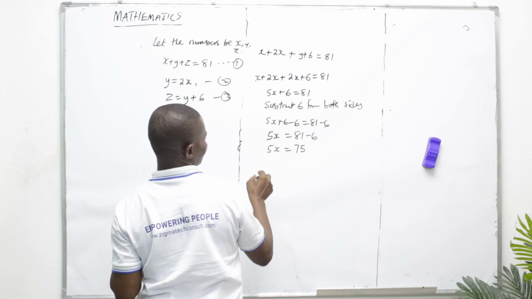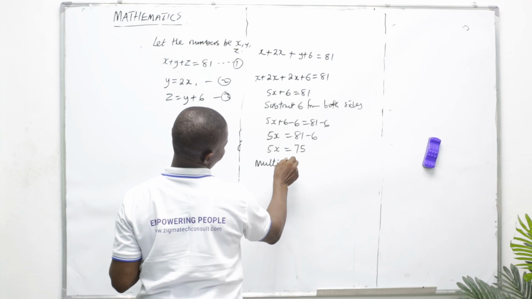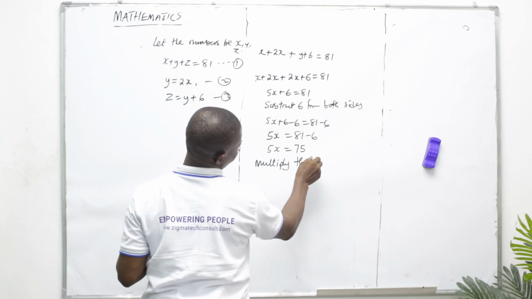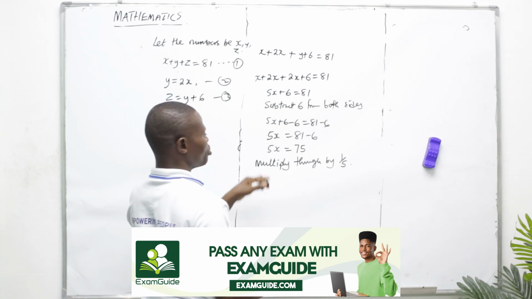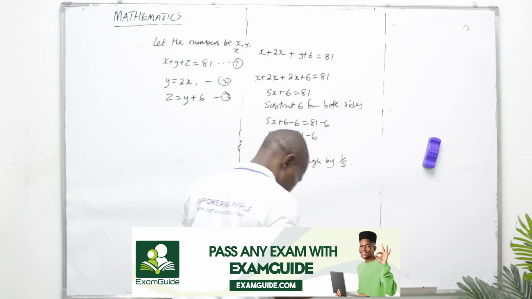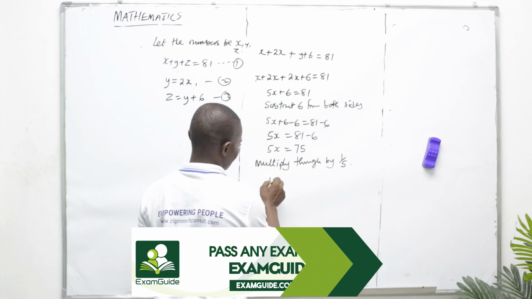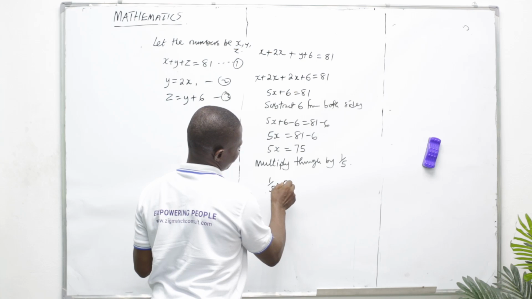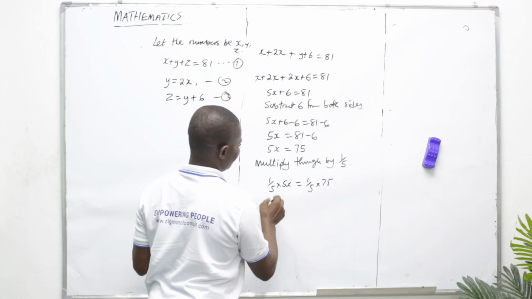So multiply through by 1 over 5. That is the multiplicative inverse of the coefficient 5. I will have that 1 over 5 multiplied by 5X equals 1 over 5 multiplied by 75.